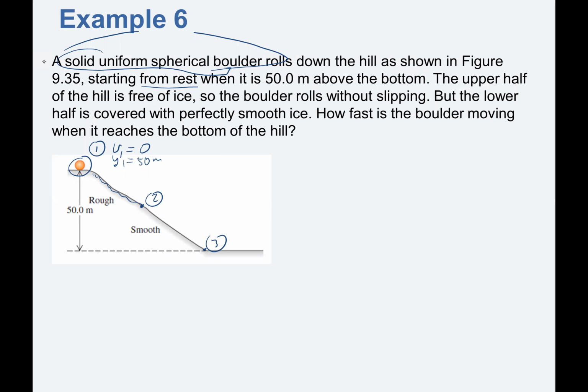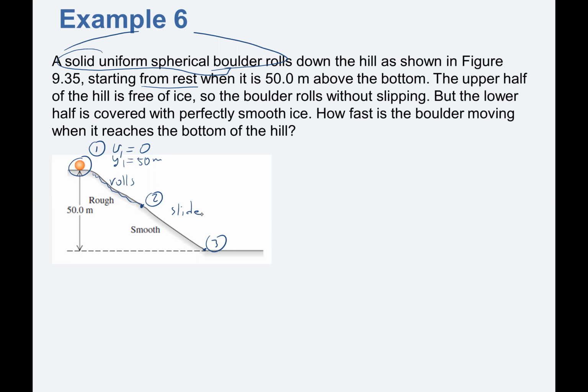That means it's rolling going from point 1 to point 2. But when it gets to point 2, after that it's a smooth surface. So what's going to happen? It's not going to roll anymore because there's no more friction. So it's going to slide going from point 2 to point 3.